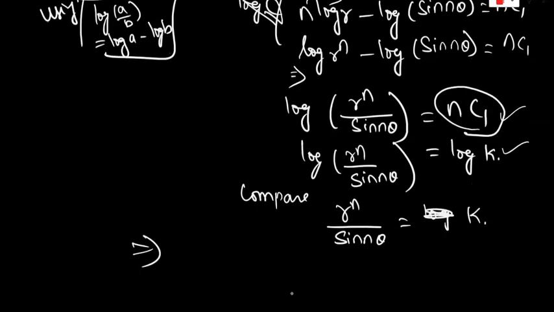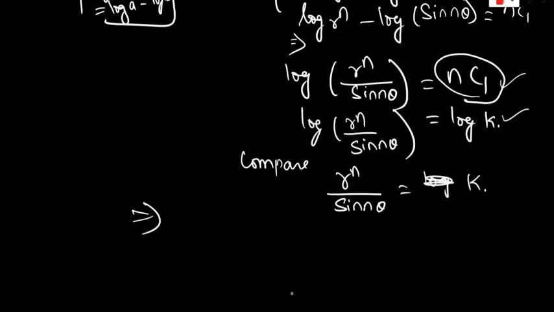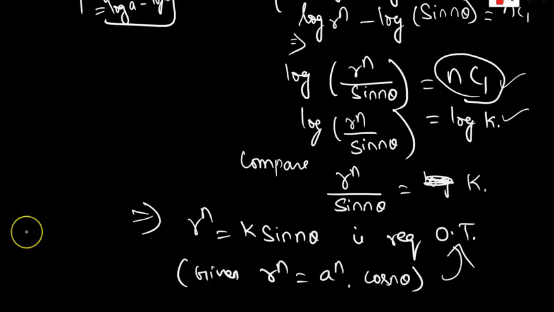And this is the required orthogonal trajectory for the given family of curves. And this is the question, r power n is equal to a power n cos n theta.